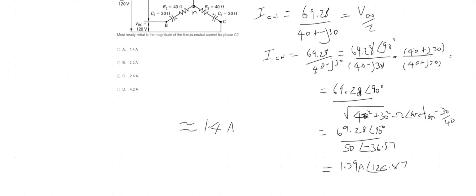Remember I said this is P, this is Q, and this is P. So P plus jQ, right? That's actually S. But if you want to find that angle, you're always gonna do the arctan of Q over P.